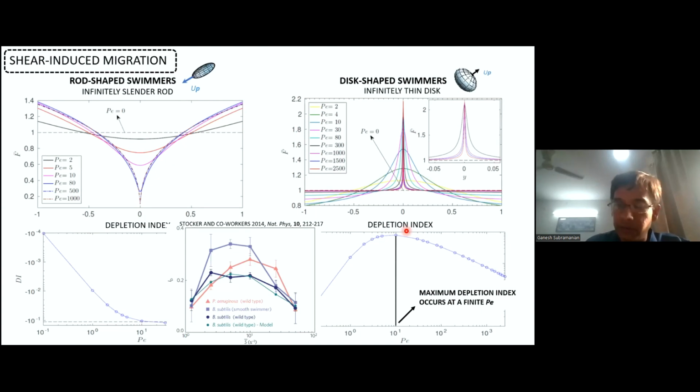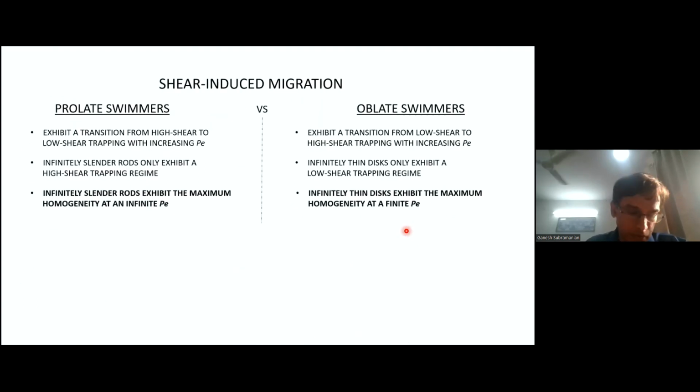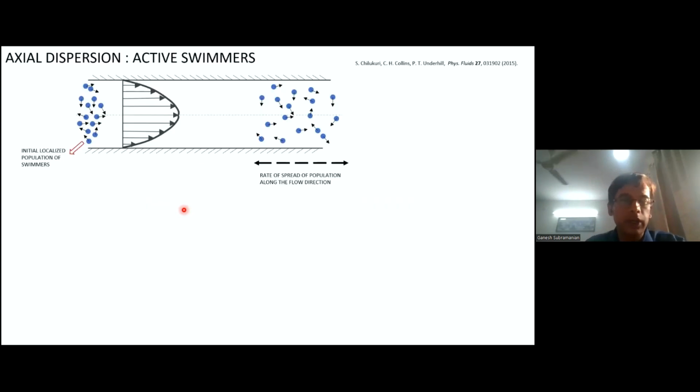Poiseuille flow was in fact the geometry where this question was first asked by Taylor in the passive case. This is just a summary of what I spoke about. The key thing, highlighted in blue and bold, is that there appears to be a crucial asymmetry between disks and rods.